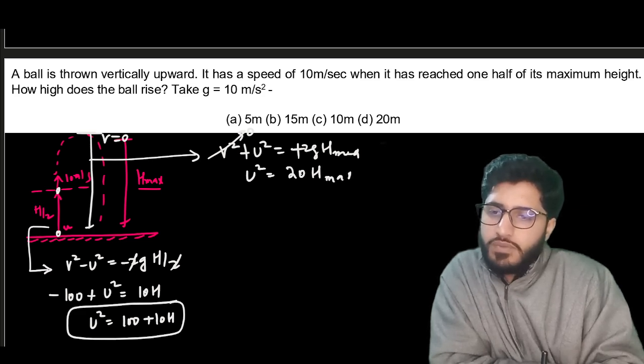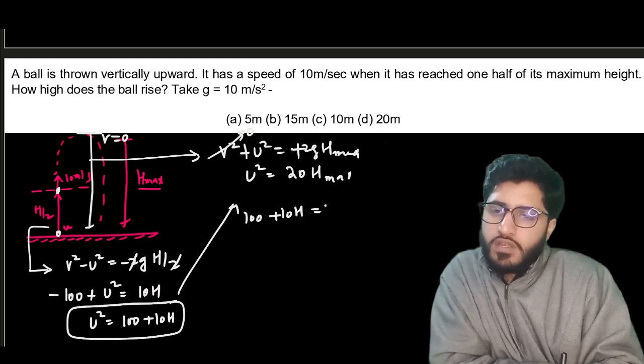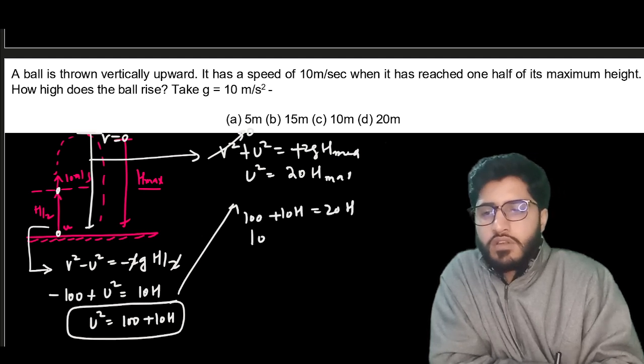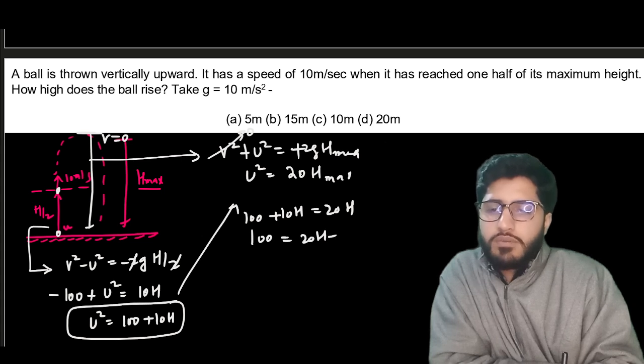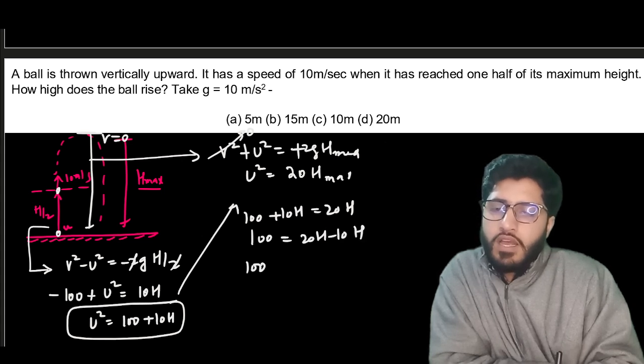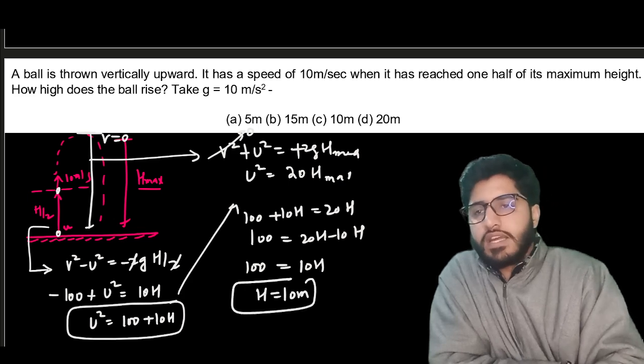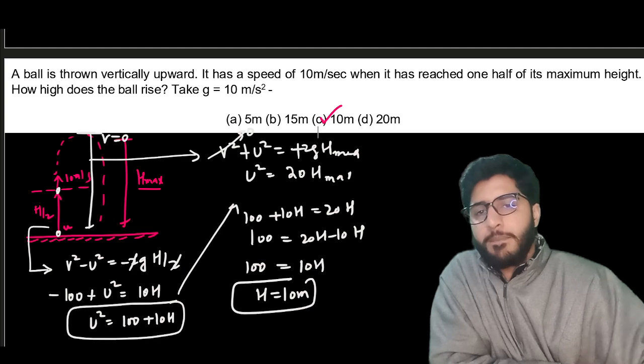U square is also 100 plus 10h, so 100 plus 10h equals 20h. 100 equals 20h minus 10h, so 100 is 10h. H came out to be 10 meters. Option number C is correct, 10 meters.